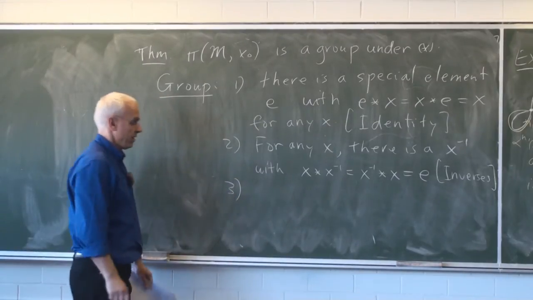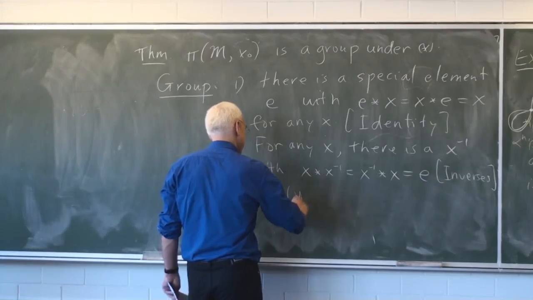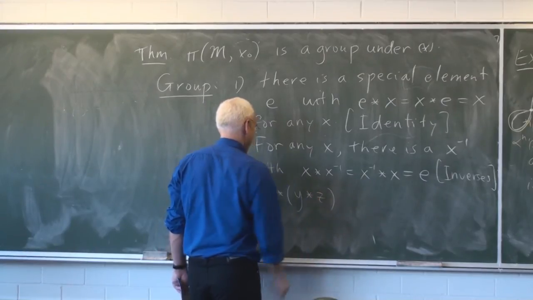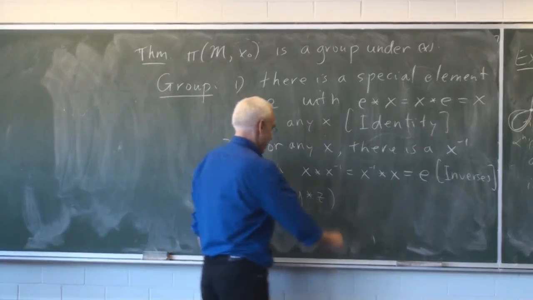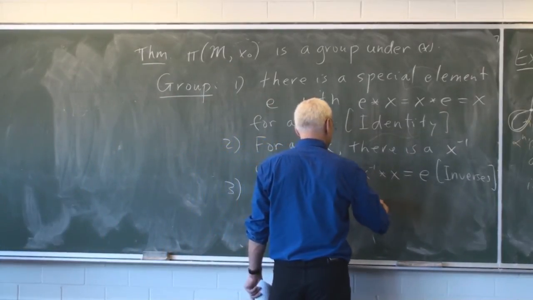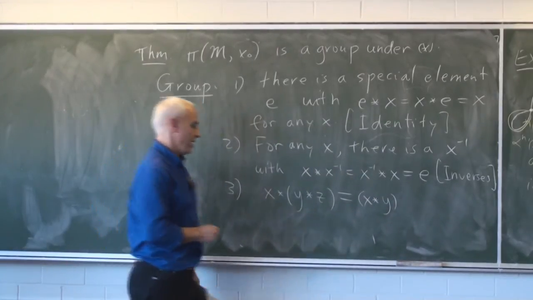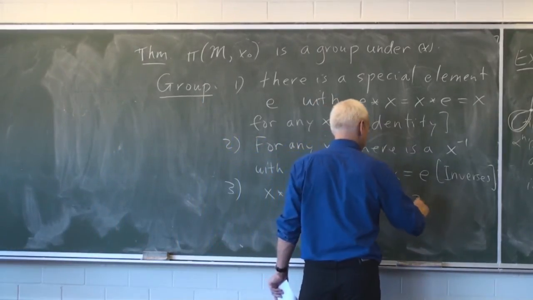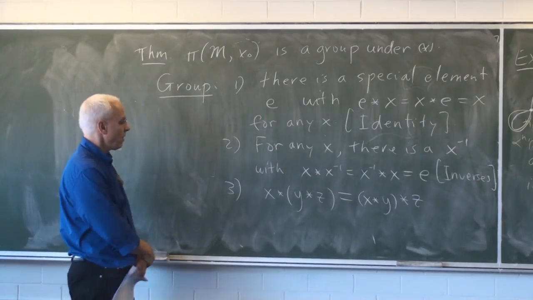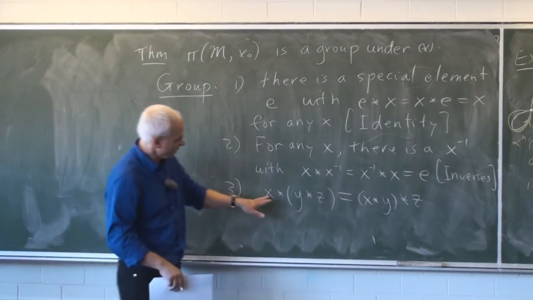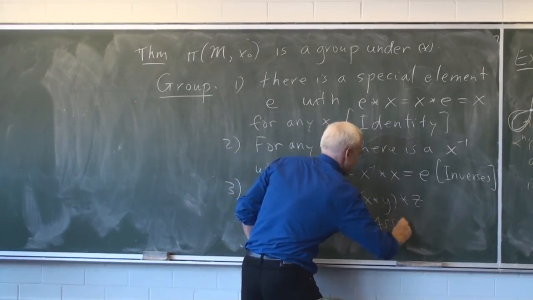And the third property is the associativity property, that if you have three elements, X, Y, and Z, and you first multiply Y and Z, and then you multiply by X, then that's the same as what you get when you first multiply X together with Y, and then Z on the end. Now the order of things matters a lot, but okay, this is called associativity.